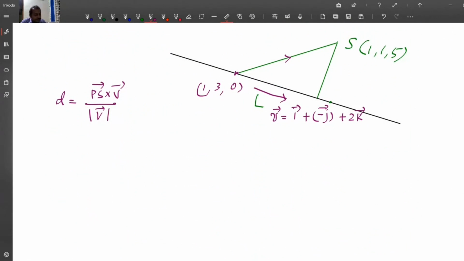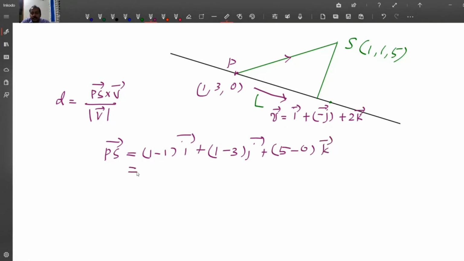Now what is PS? This is the point P and this is the point S. So vector PS is the position vector of S minus the position vector of P. So this is (1 minus 1)i plus (1 minus 3)j plus (5 minus 0)k.